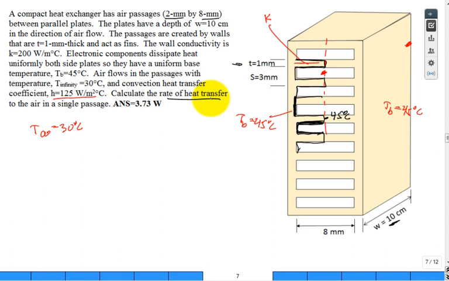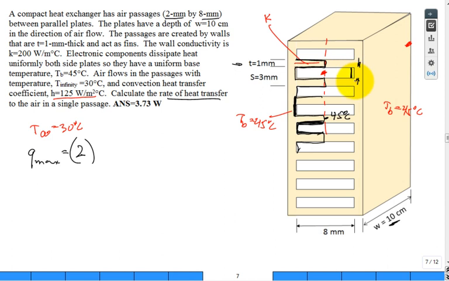So Q max would be the total, if I do it for half an area and then multiply by 2. So 2 times, what is this? It's going to be my thickness right here. What is this thickness, this distance right there?